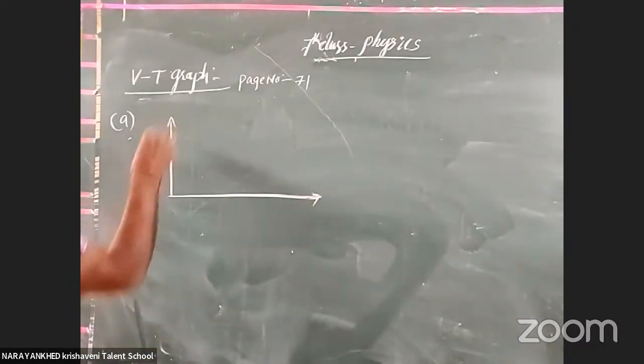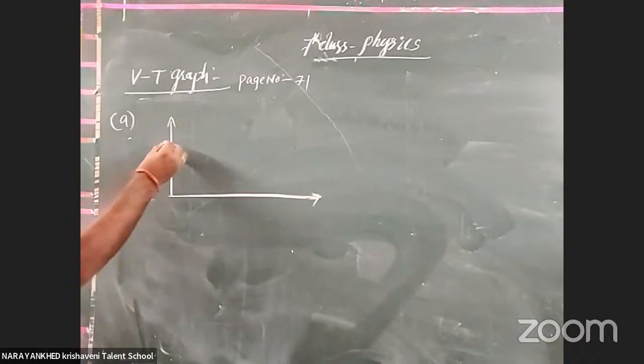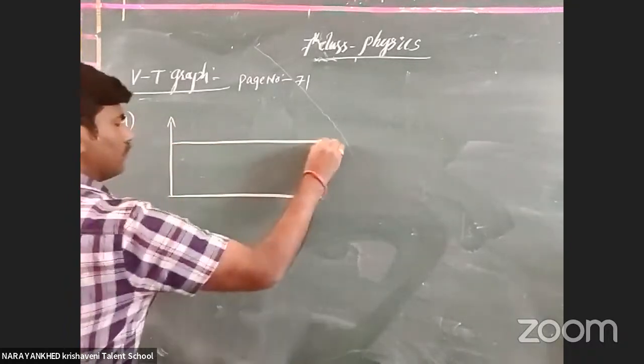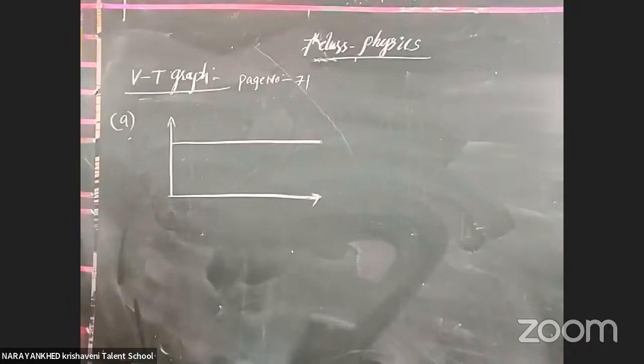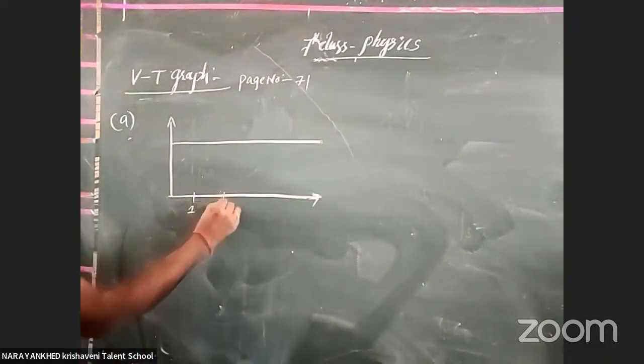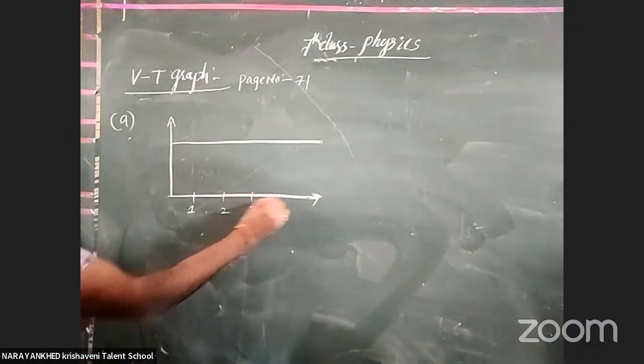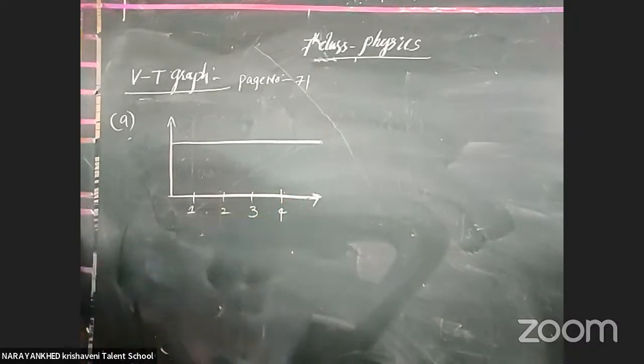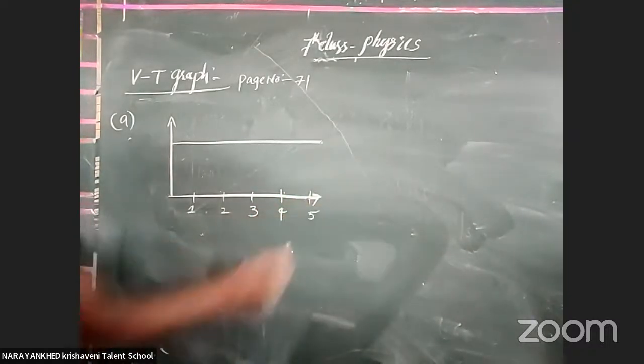There is one graph given like this. What we consider here is the first second, the second second, the third second, the fourth second, and the fifth second.